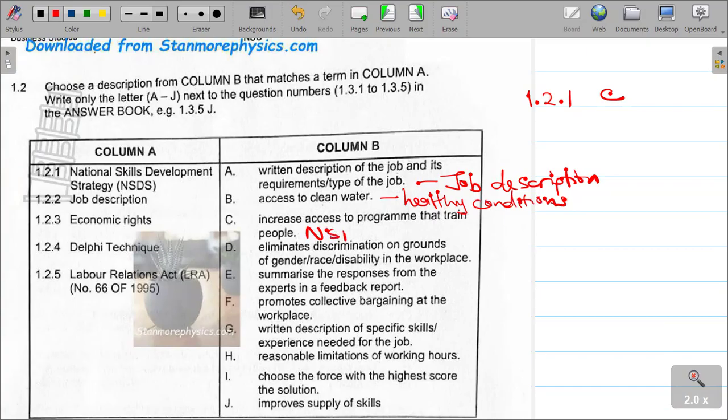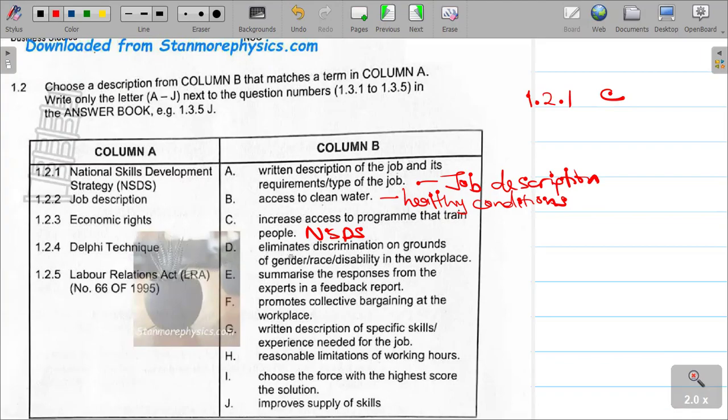Here it's all about the national skills development strategy, and then eliminates discrimination on grounds of gender, race, disability in the workplace, right?